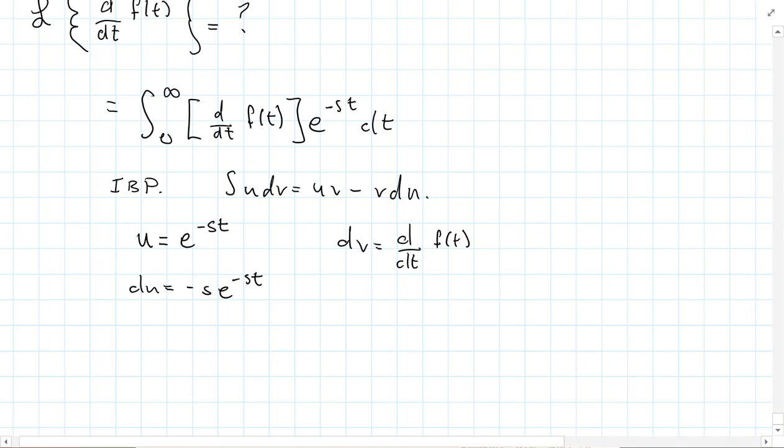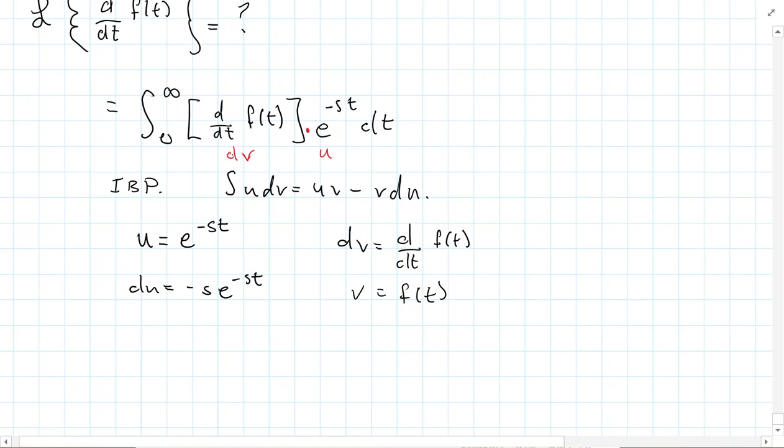So by doing integration by parts, we are separating these out, because there is a multiplication right here. We're recognizing that multiplication, we're letting this be u, and we're letting this be dv. Then if I integrate a derivative, I do get back just f at t.